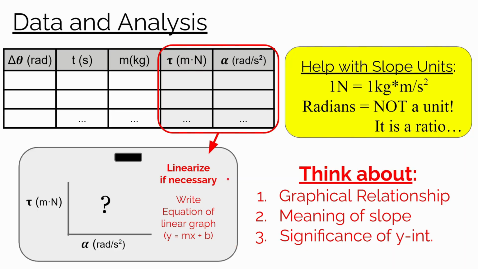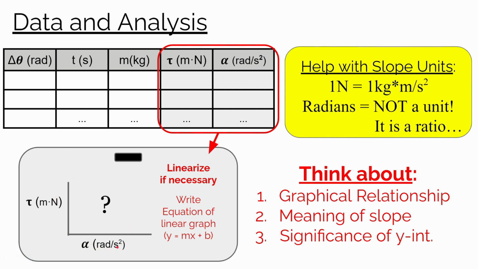So after using 6 to 8 different masses, we would eventually have the 6 to 8 different torques applied and their angular accelerations. We would then plot torque on the y-axis and angular acceleration on the x-axis to find out, well, graphically how they're related, and also come up with an algebraic representation for how torque is related to angular acceleration.